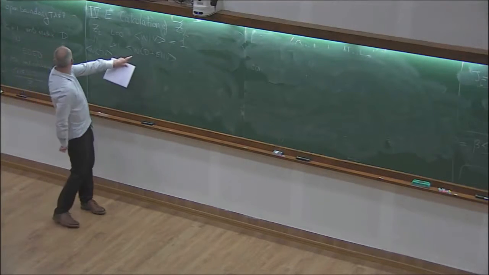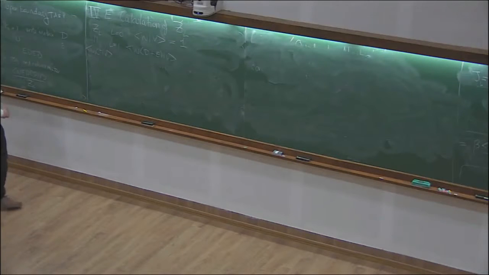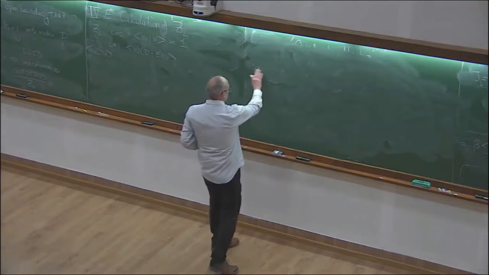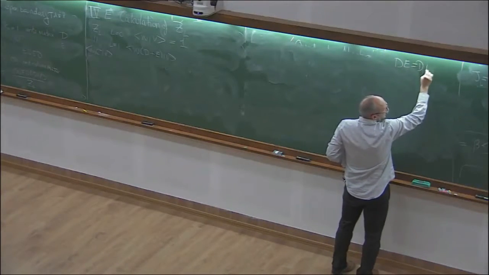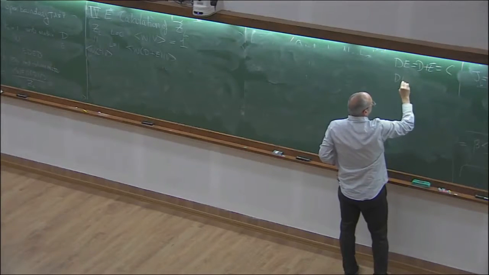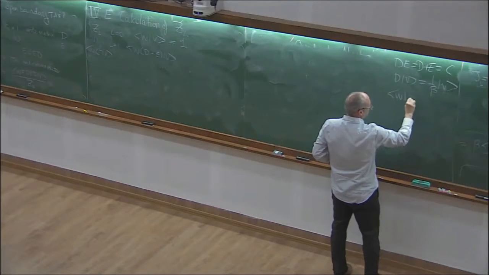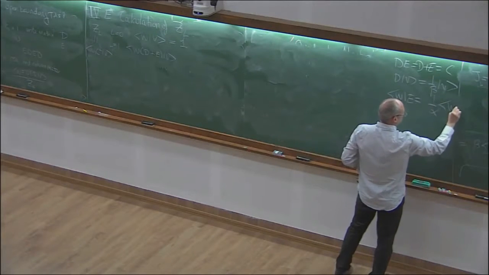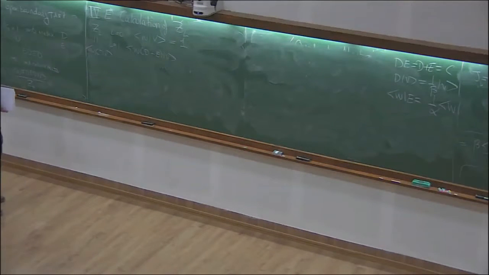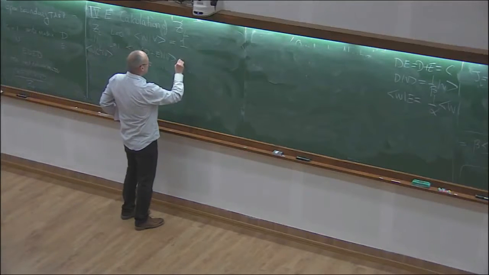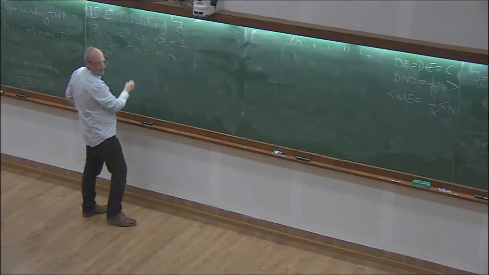Well, I've rubbed off the quadratic algebra. That wasn't very smart. So let me just remind you up here that DE equals D plus E equals C, DV equals 1 over beta V, and WE equals 1 over alpha W. Okay, so for L equals 1, (D plus E), this is in fact D acting on V giving 1 over beta, and E acting on W giving 1 over alpha.